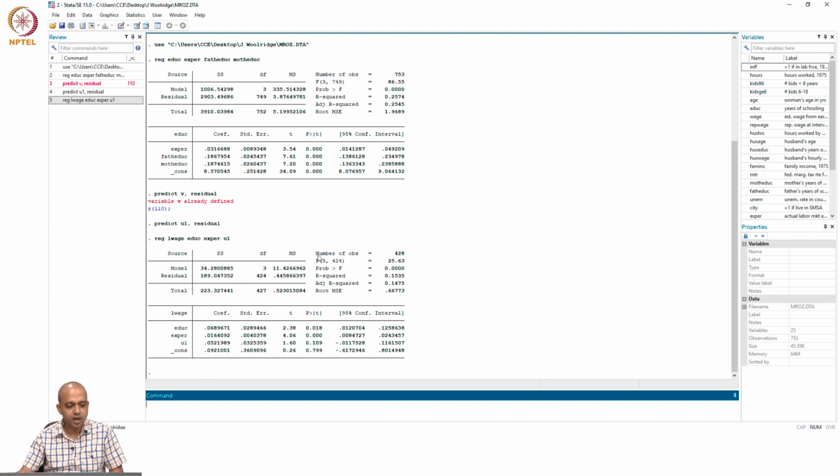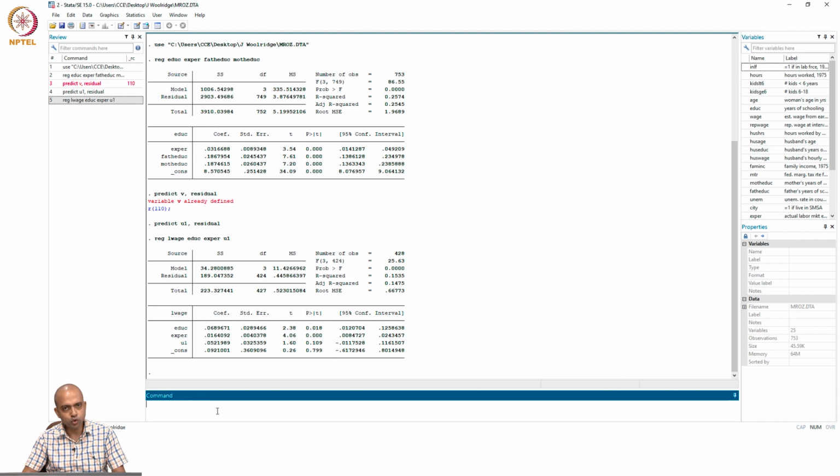Now, the detection of endogeneity, instead of doing it manually, we can do using the estat command.